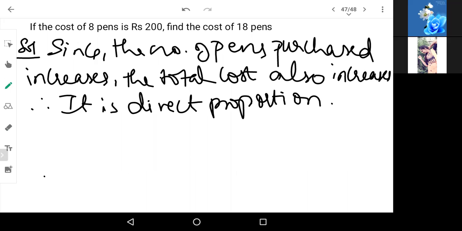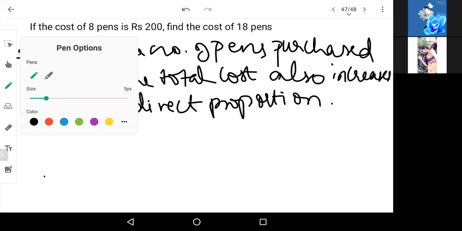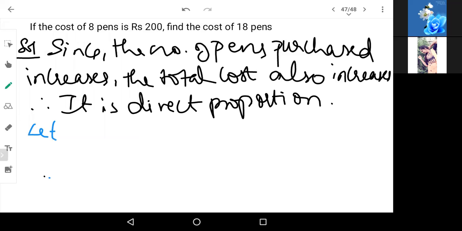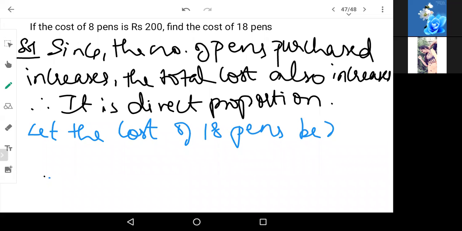Now, let us define what is required for the problem. Let the cost of 18 pens be X. They have given the cost of 8 pens is 200, so the cost of 18 pens is what they are asking.